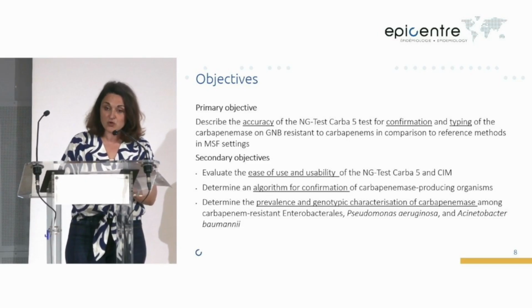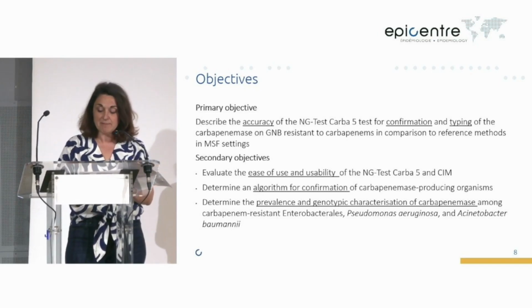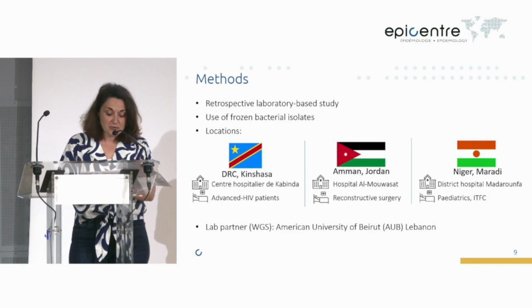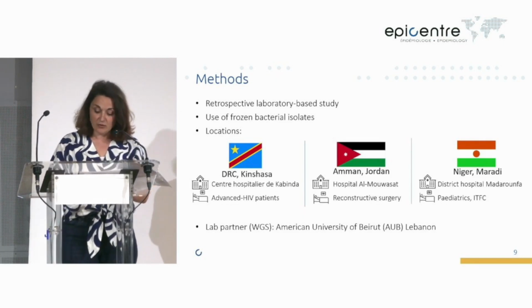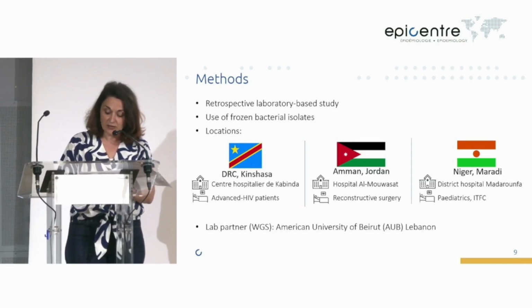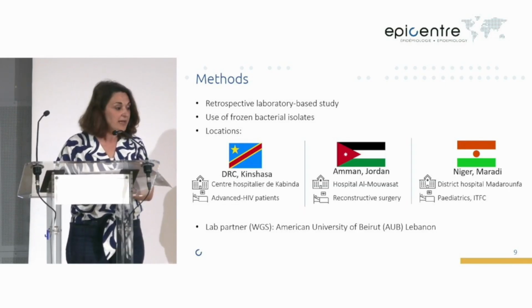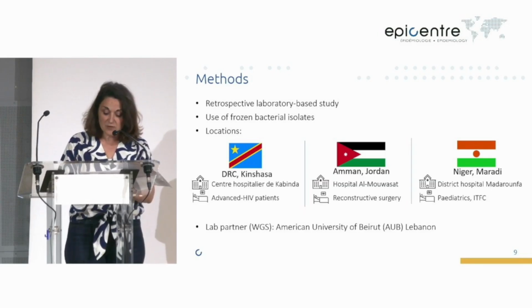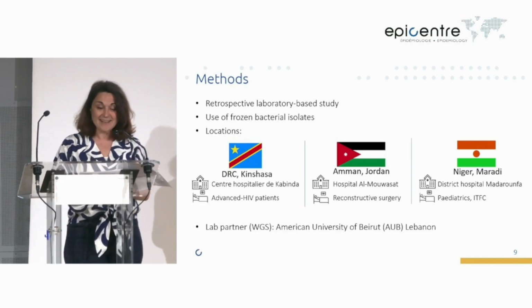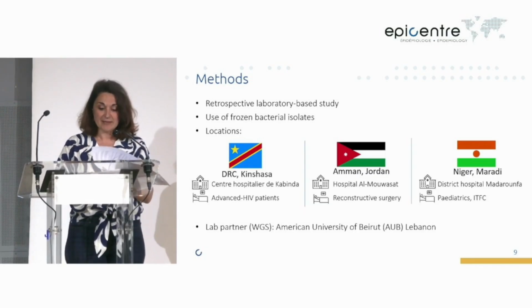And also, the study will help us to determine the prevalence and genotypic characteristics of these carbapenemases. This is a retrospective study based on bacterial isolates, which were frozen. We've been working with Beirut, also with the American University, AUB.